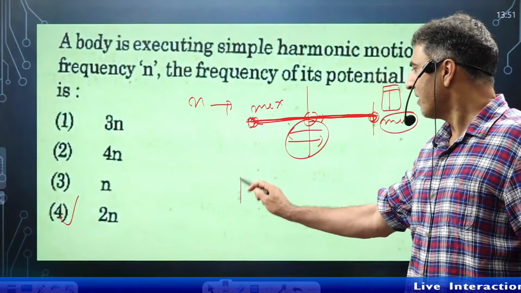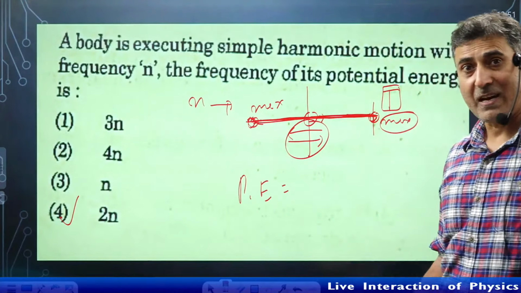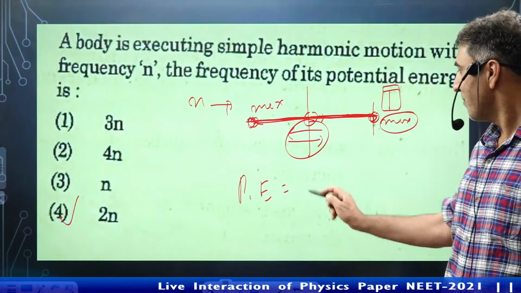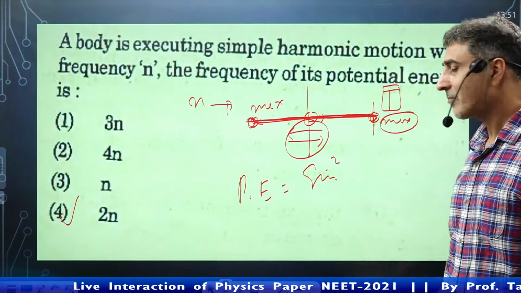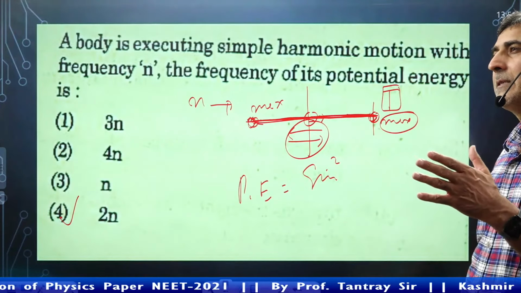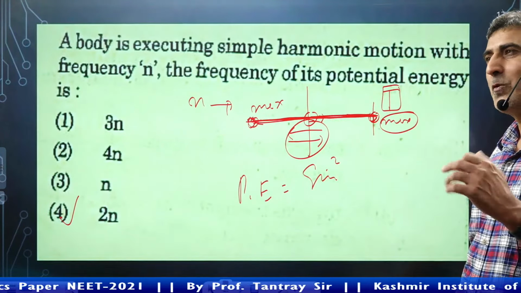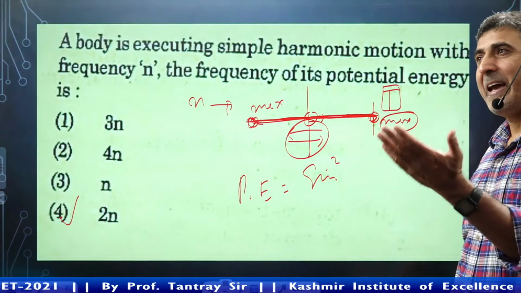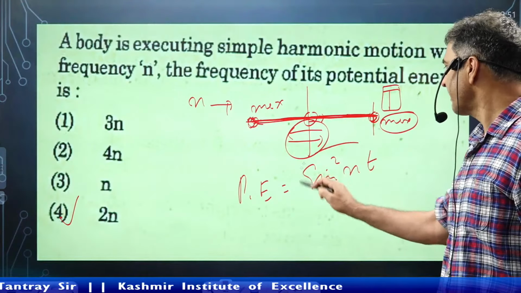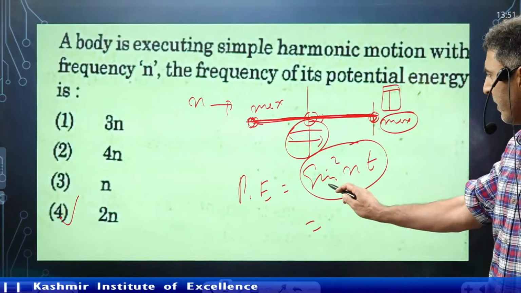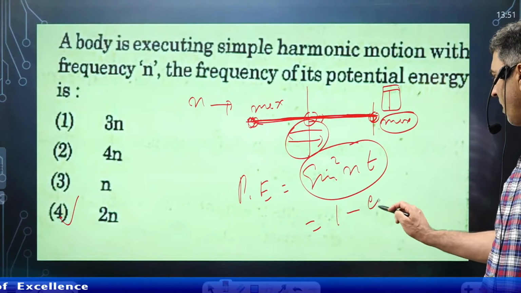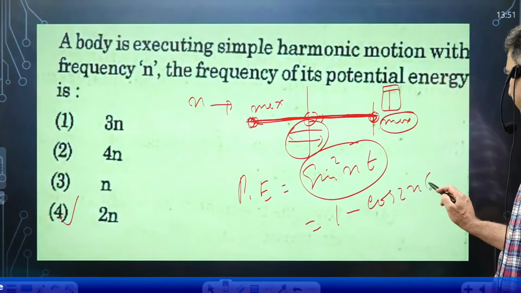Mathematically, if you remember the equations, I don't know how much you remember of what you have done earlier, potential energy is proportional to sine square. Potential is 1 by 2 kx square. You substitute x, sine square of omega t, here nt, because n is frequency. Here you can convert this square into a cos function, that is 1 minus cos of 2nt by 2.